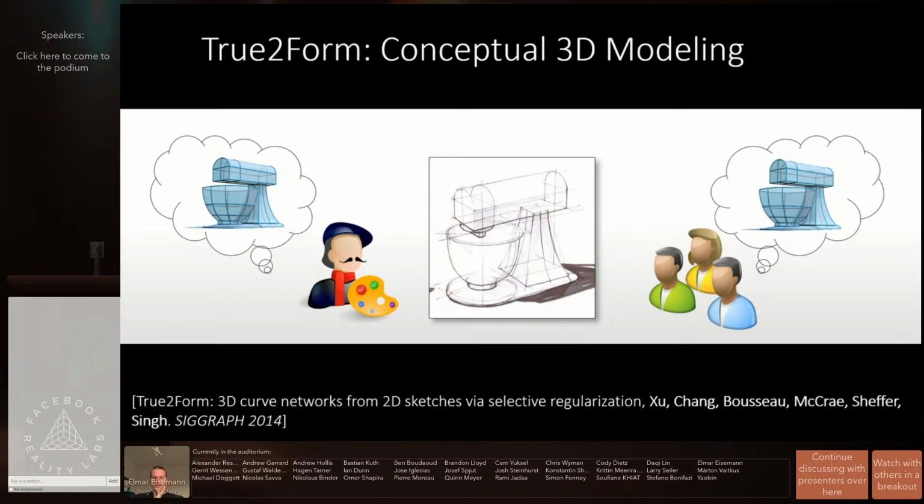Our job was to reformulate that artistic intuition mathematically. For example, when we see two smooth 2D curves cross each other, we tend to perceive them as crossing orthogonally in 3D. Here's a teaser video explaining the idea behind True to Form.